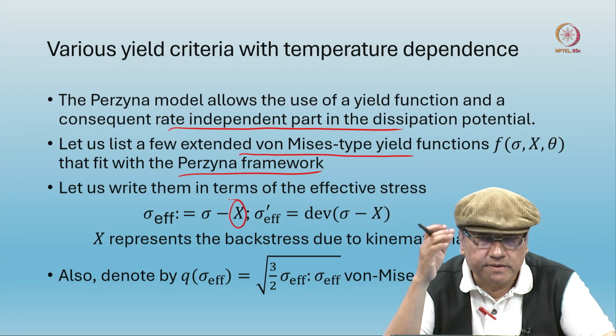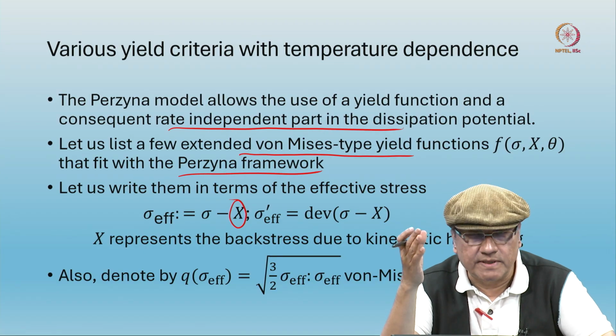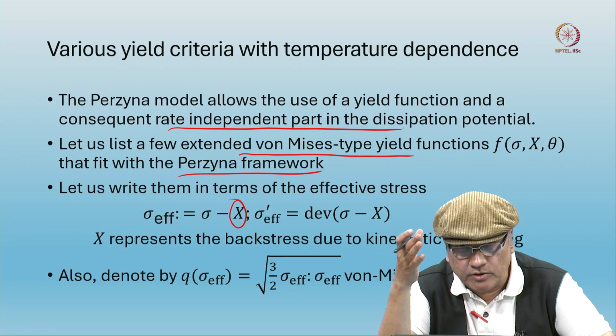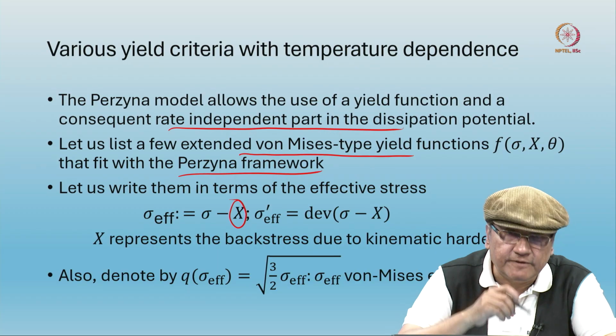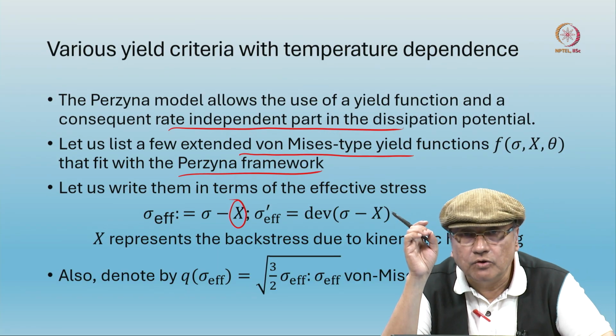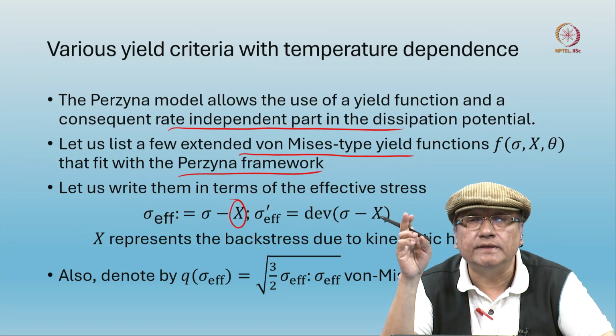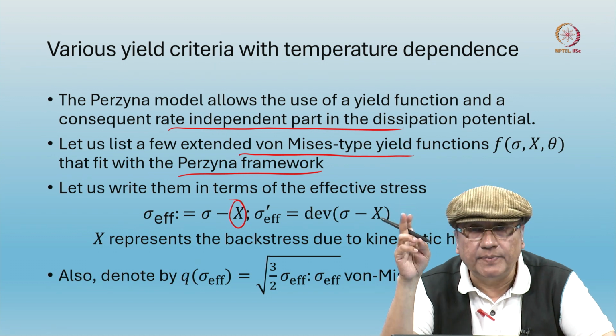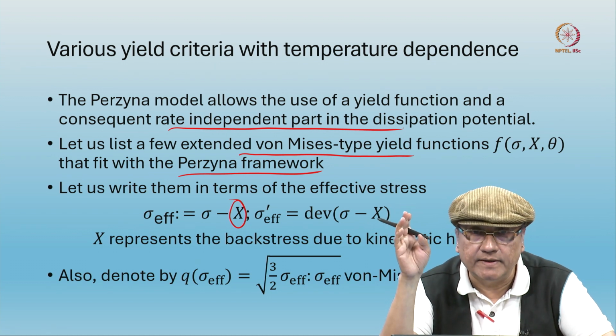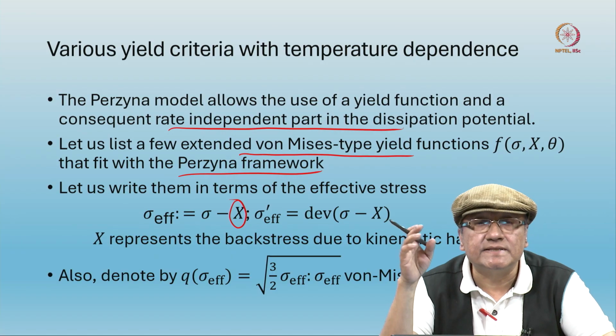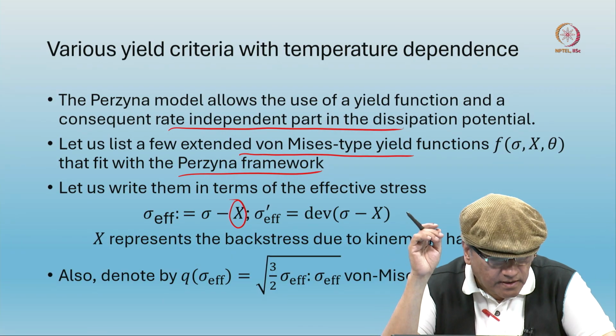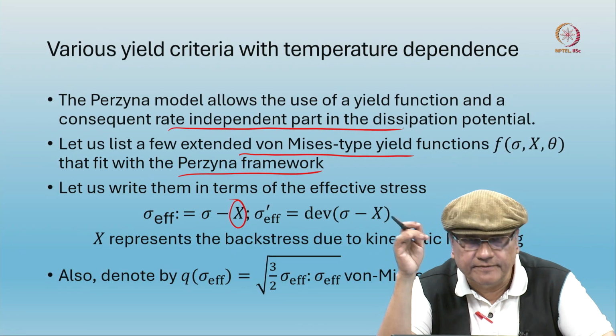There is no great change in our notations except that we now identify X with the back stress. The hardening part corresponding to isotropic hardening will be determined through these alpha like variables, the kinematic like variables.